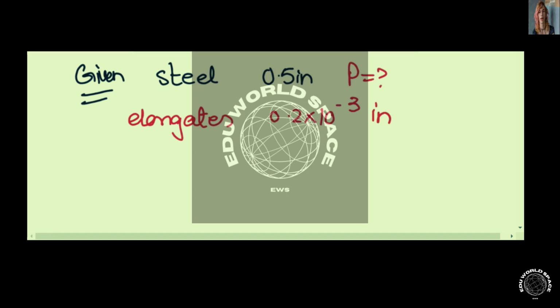And the boiler has a thickness of 0.5 inches.